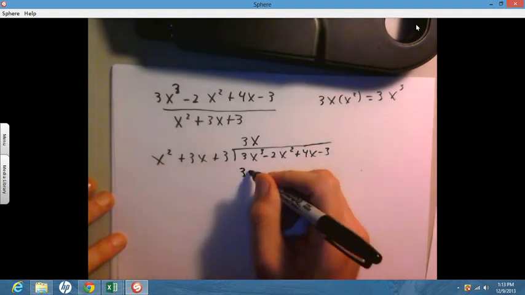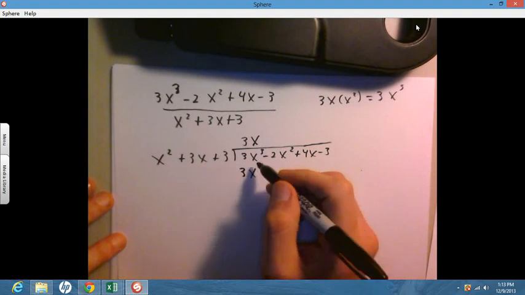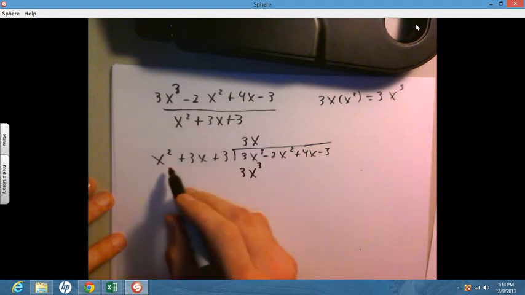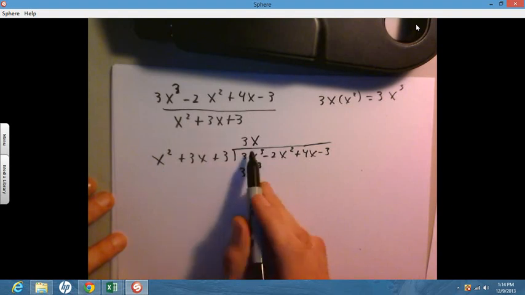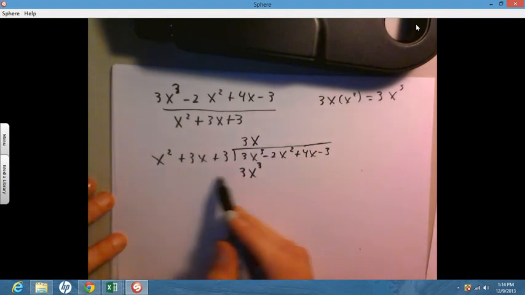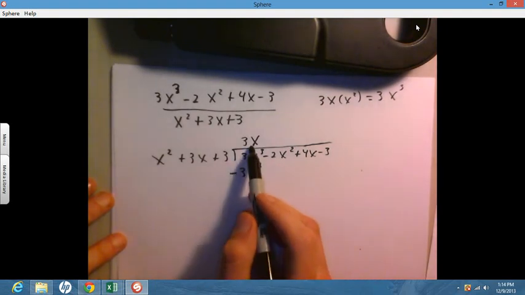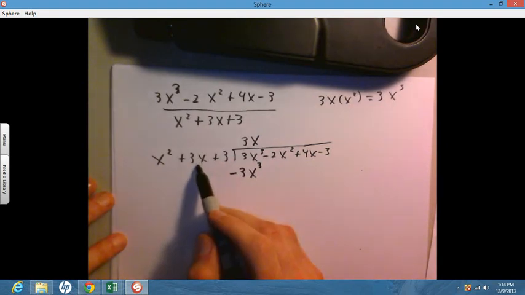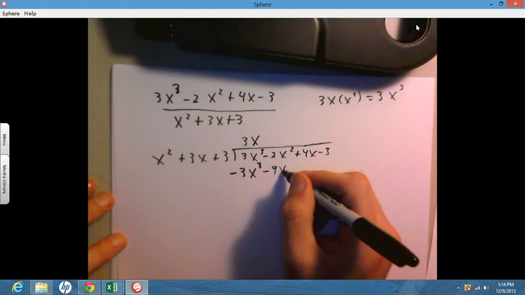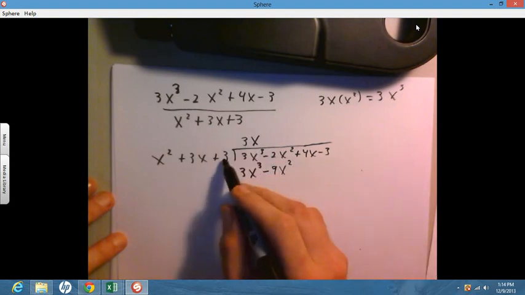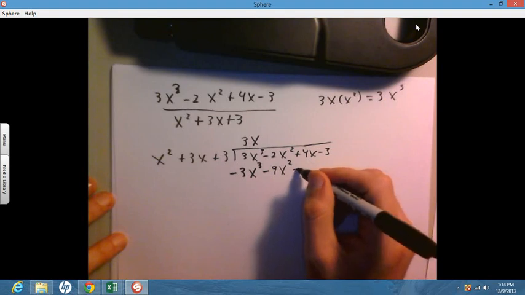Now, we're going to subtract. Because we're subtracting, when we do 3x times x squared, we don't just bring it down here, we flip the sign. So since 3x times x squared is a positive 3x cubed, we're going to make that negative. Then we have 3x times 3x is 9x squared, so we flip the sign on that and make that negative. And 3x times 3 is a positive 9x, so it's going to be minus 9x.